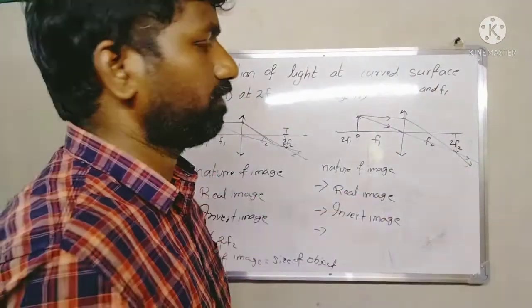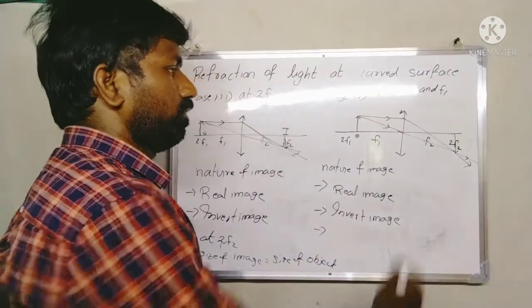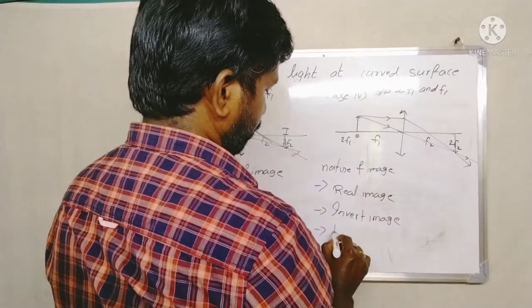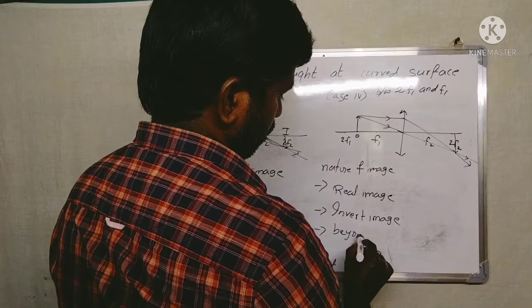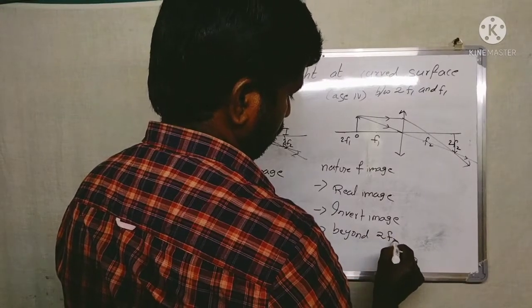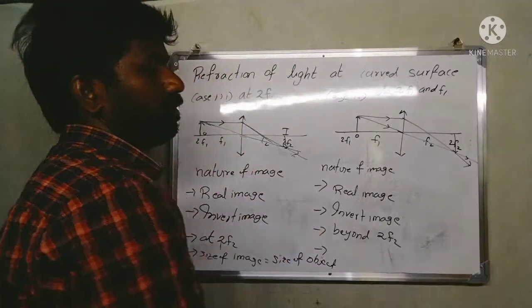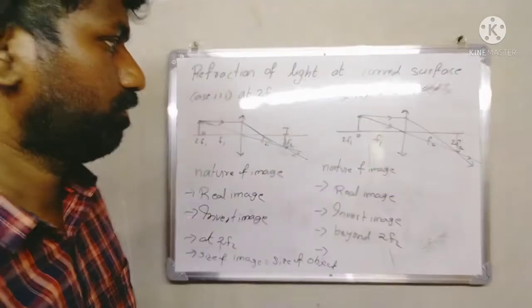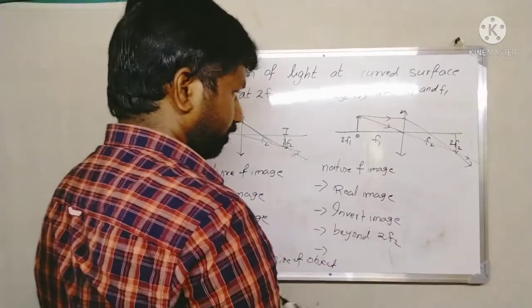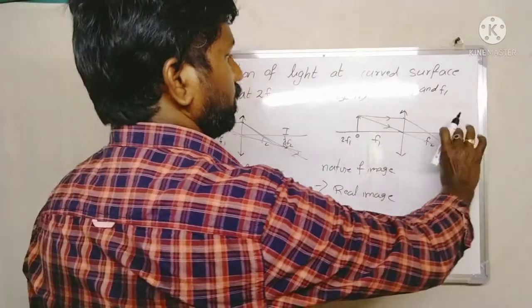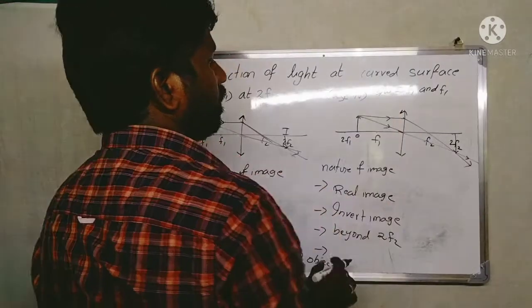Next one, where is the position of the image? We got the image beyond 2F2. The position of the image is beyond 2F2. And next one, this is the size of the image and this is the size of the object.